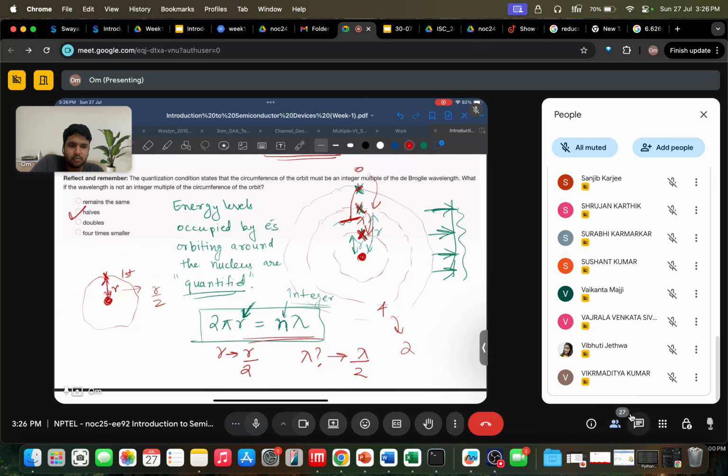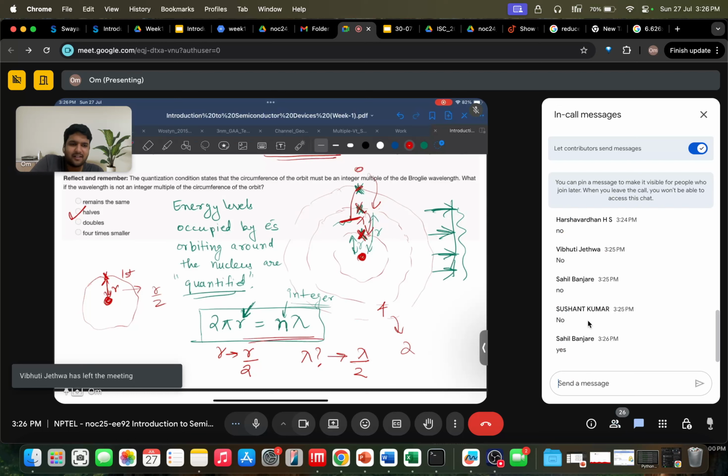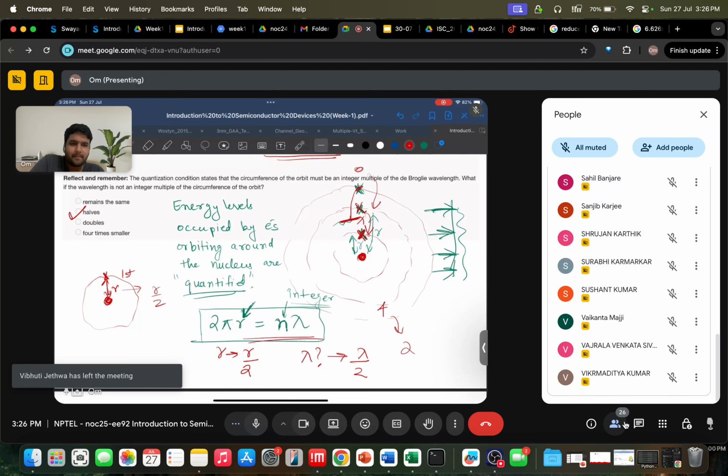Sushant, can you answer this? I think there was some confusion regarding this, right? I think no. So what is lambda? Lambda is h upon mv, right? You cannot change h, you cannot change m, right?